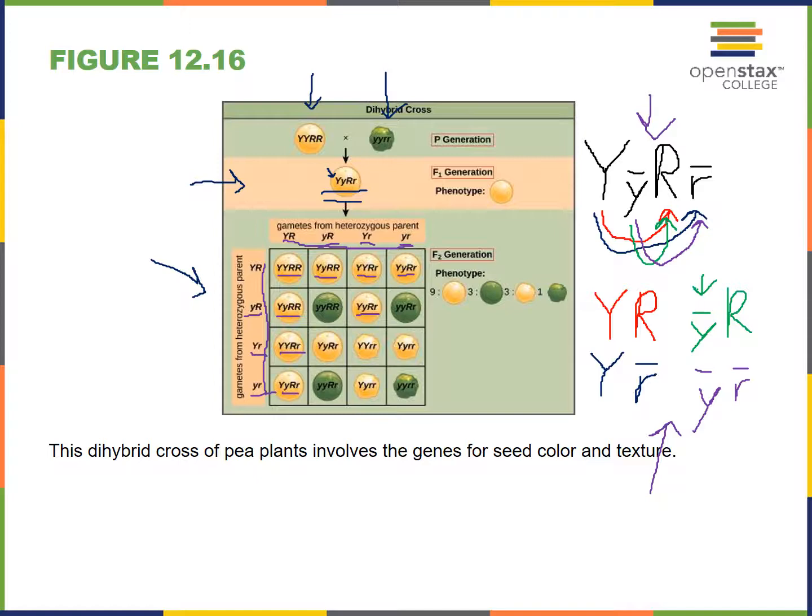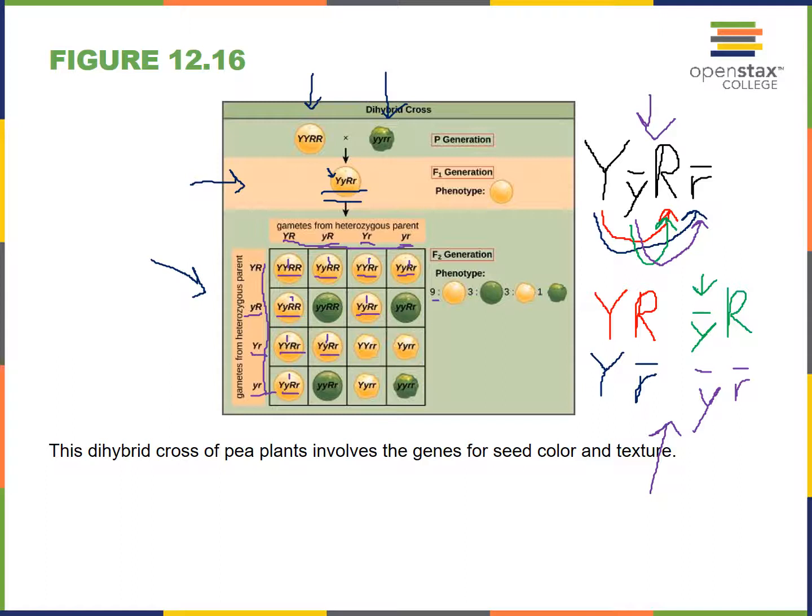Those are yellow and round. And those are yellow and round. So that's 1, 2, 3, 4, 5, 6, 7, 8, 9 that are yellow and round. So 9 yellow and round.